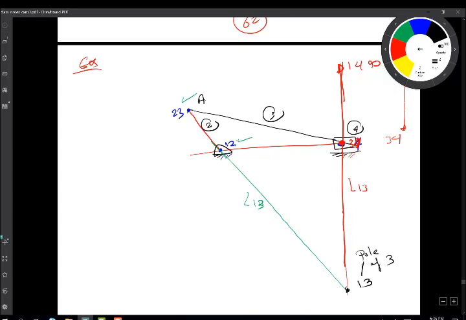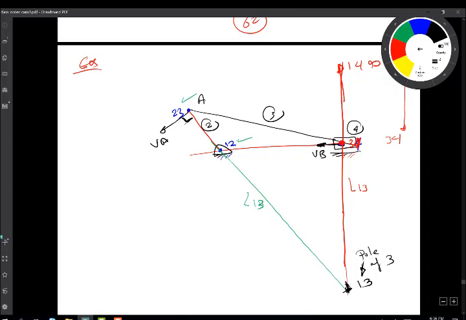pole of 3, this one here. And we did actually look at this before also last time, because remember to find the pole of a general link, we draw velocities at both ends. This is VA, perpendicular to 2, and this is VB, which was the sliding velocity, and you draw two lines perpendicular to the velocity vectors, and those lines intersect at a point, as we discussed before.